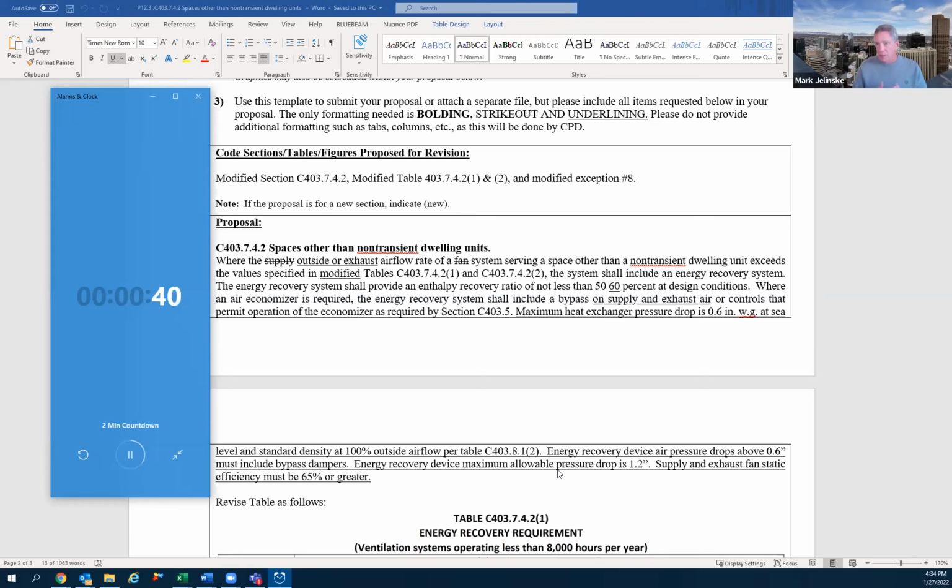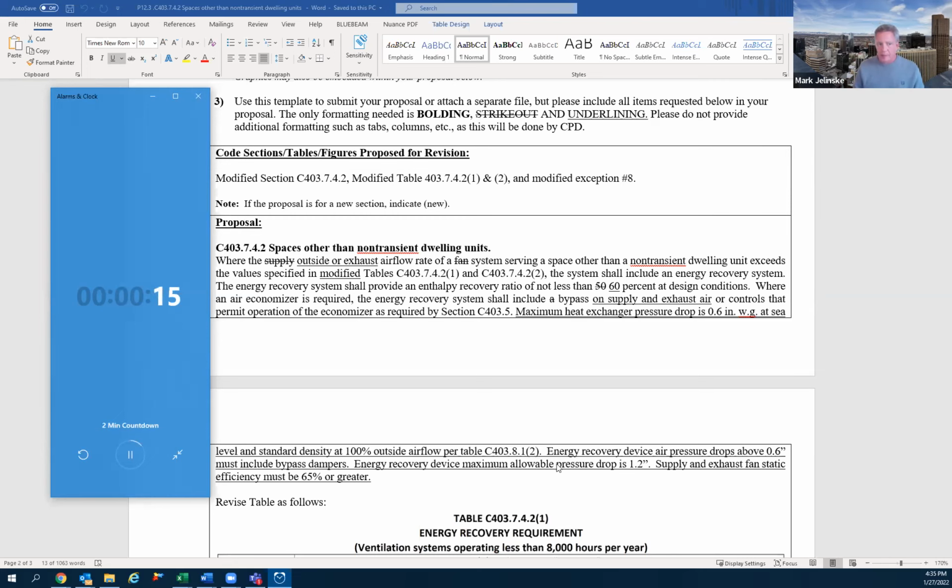So it's possible to meet this section with a 1-inch pressure drop wheel and a 1-inch pressure drop bypass damper. I'd suggest the sentence be modified to limit the total pressure drop of the assembly with a bypass damper to 0.6. I also recommend not addressing the lab exhaust in this section as it conflicts with IMC 514.